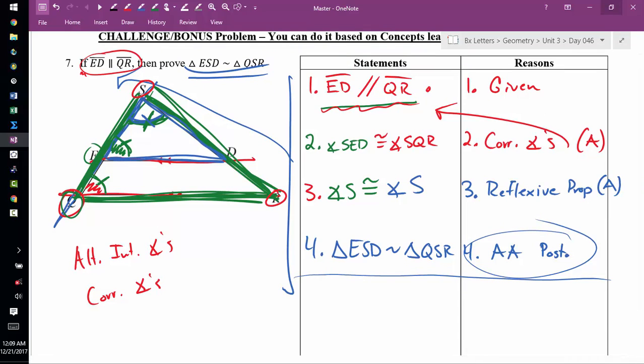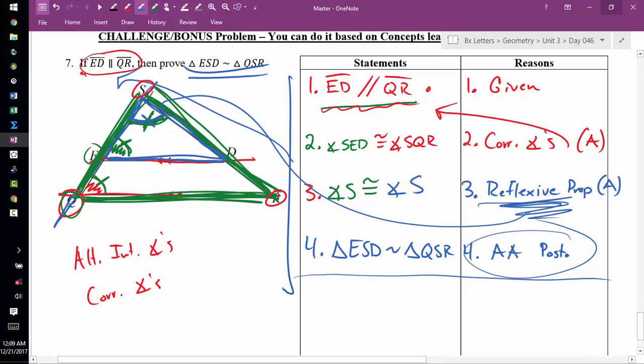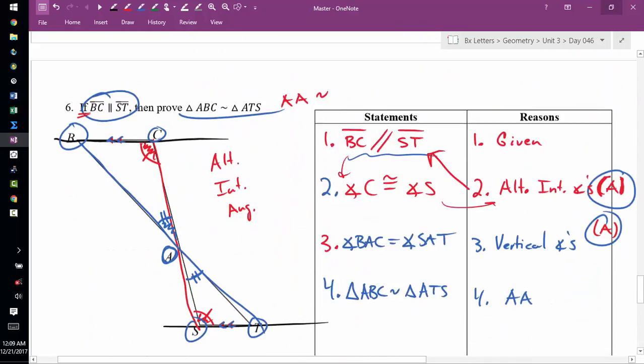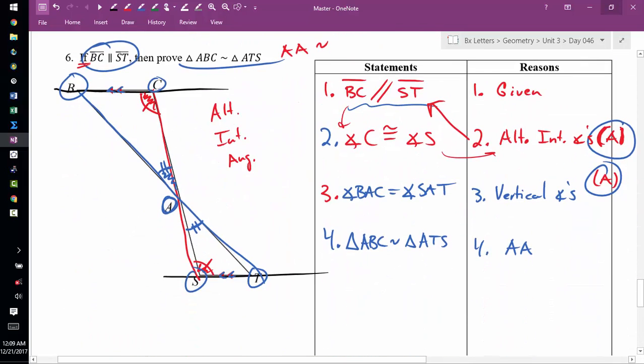What you can think about is, well, when I see overlapping triangles, I should be looking for that reflexive angle, the angle that's used by both triangles. That's something you should be thinking about. When you see that hourglass shape, you should be thinking, oh, I have access to vertical angles.